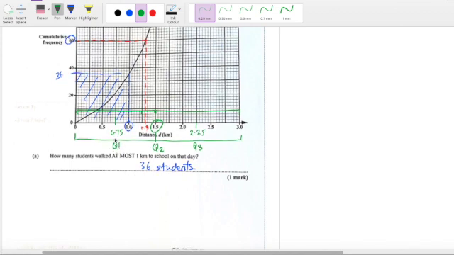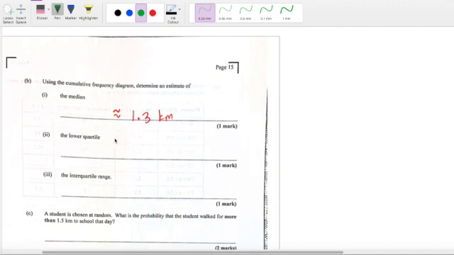And so we can see that the lower quartile is Q1, 0.75 kilometers. And the interquartile range will be Q3 minus Q1.